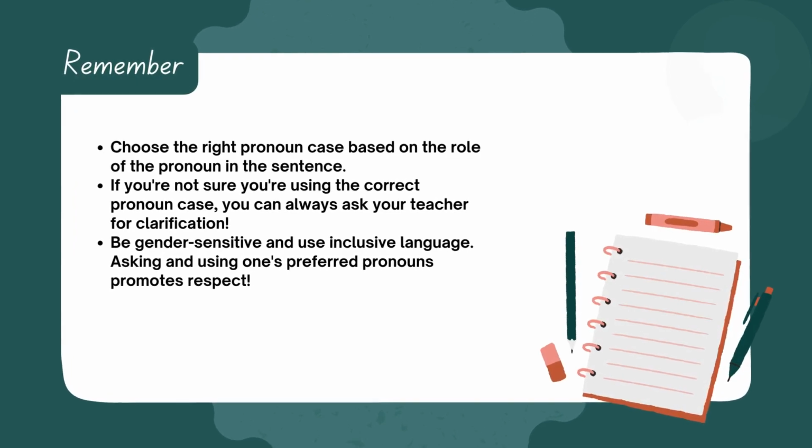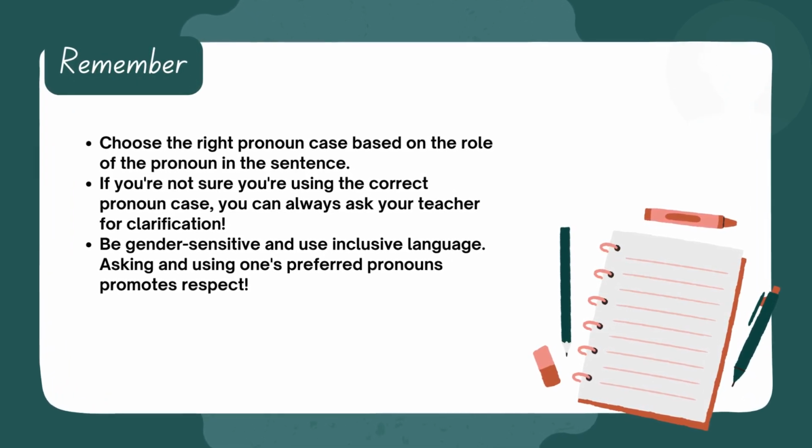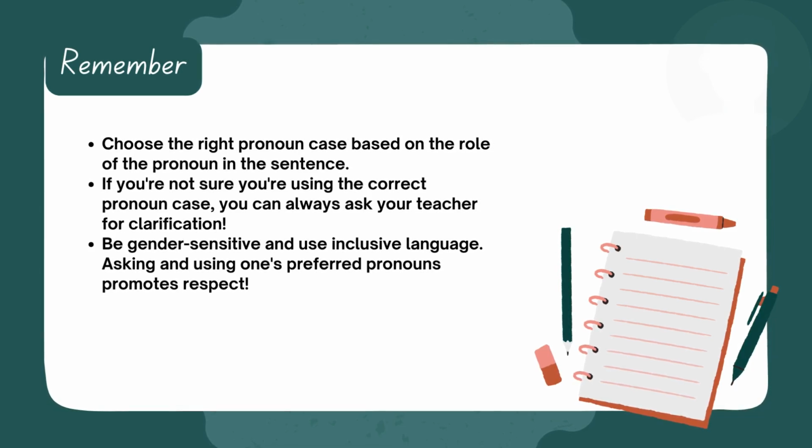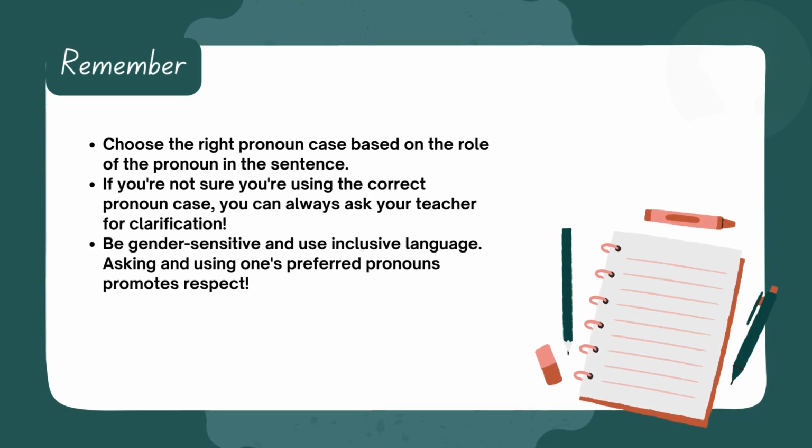And remember, choose the right pronoun case based on the role of the pronoun in the sentence. And if you're not sure you're using the correct pronoun case, you can always ask your teacher for clarification. Be gender sensitive and use inclusive language. Asking and using one's preferred pronouns promotes respect.